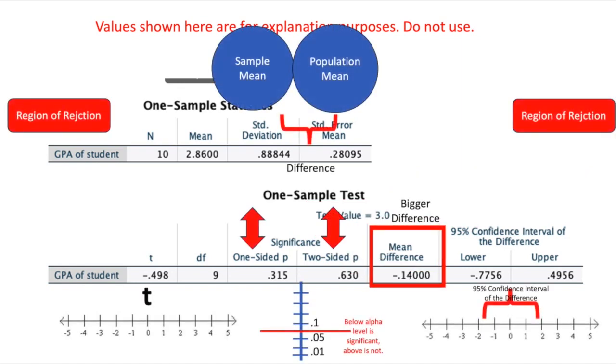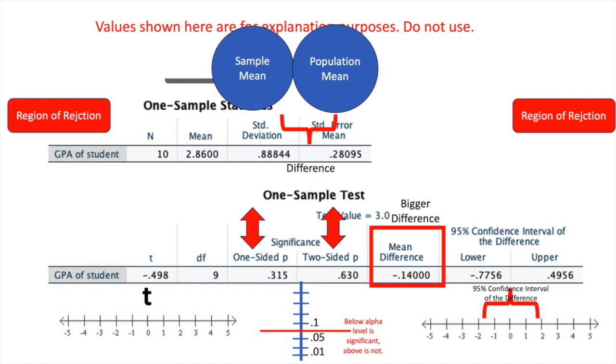Here's an animation of what happens when a population mean and a sample mean are either close to each other, meaning the difference is minimal, and when the difference is high. Right now, this illustrates that the differences between the population mean and the sample mean are relatively small.